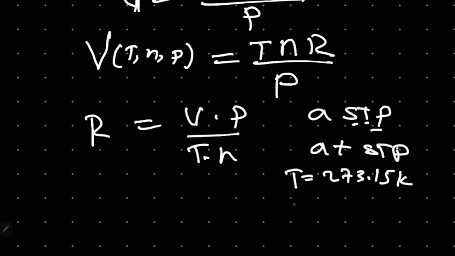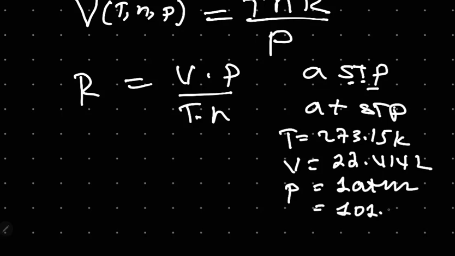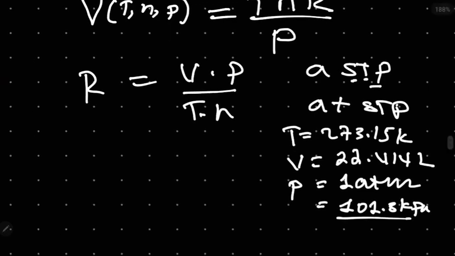And the volume of a gas at STP is 22.414 liters. And the pressure at STP is 1 atmosphere. 1 atmosphere of pressure means 101.3 kilopascal or Newton per meter square. So this is the value of pressure at standard temperature and pressure.